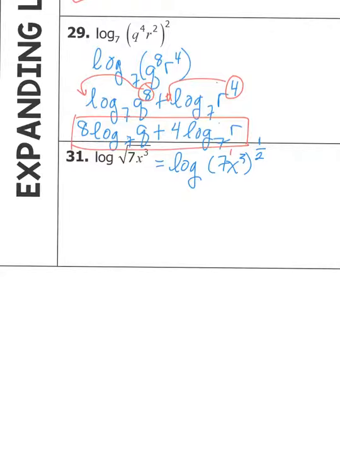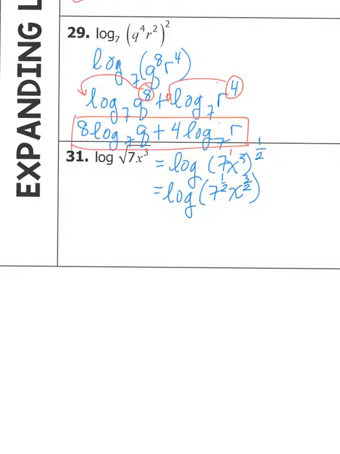And it would be easier to do power to a power than trying to loop this 1/2. So I'm going to multiply it power to power. So 1 times 1/2 is 1/2, and 3 times 1/2 is 3/2. So you end up with the log of 7 to the 1/2 x to the 3/2. I just multiplied power to a power.